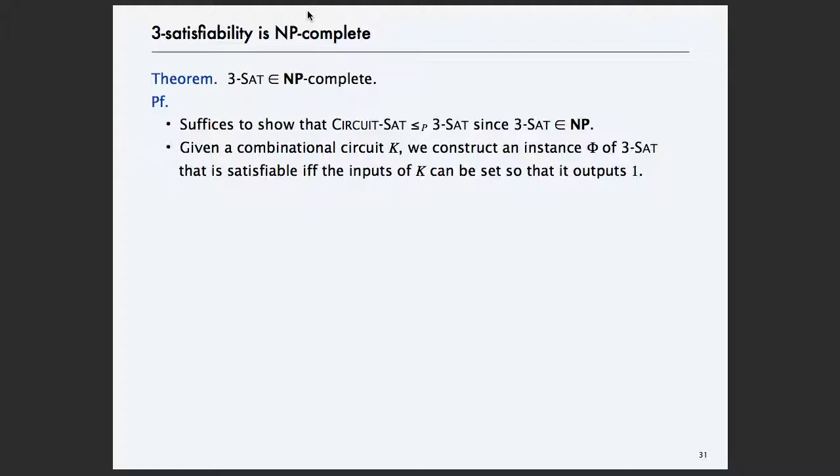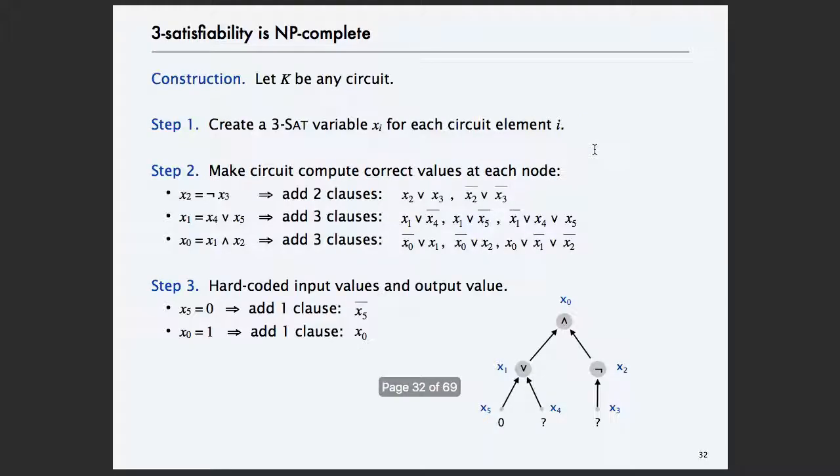And so we need to show that circuit satisfiability reduces to 3-SAT. So given a combinatorial circuit K, we need to construct an instance phi of 3-SAT that is satisfiable if and only if the inputs of K, or the original problem, is satisfiable, right? The inputs of K can give a 1.